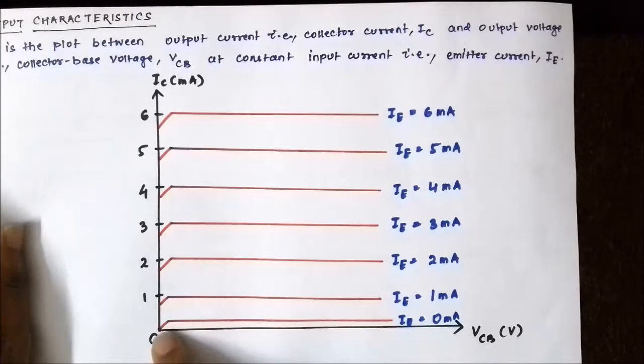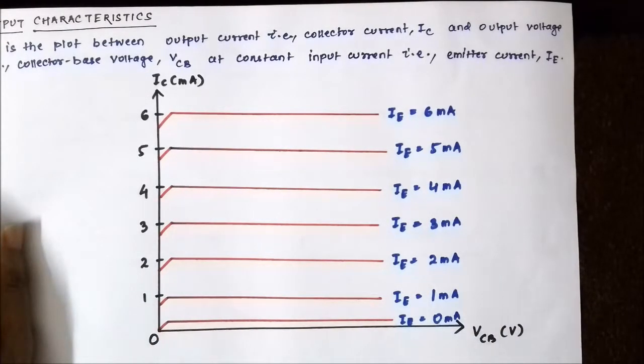So this shows that the output resistance is very high, meaning the opposition to flow of current is very high.